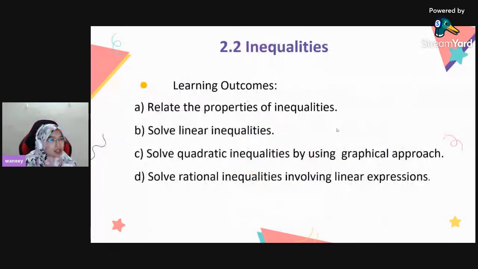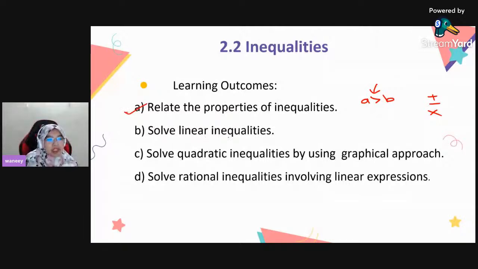Okay, now the learning outcome for today. So firstly, you should be able to relate the properties of inequalities. So we are going to start with A greater than B, and then we are going to see if we are doing some addition, some subtraction, some multiplication, what will happen to this symbol over here. So that is what happened with the properties of inequalities.